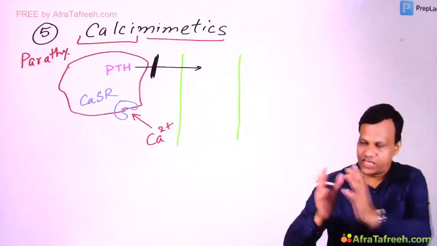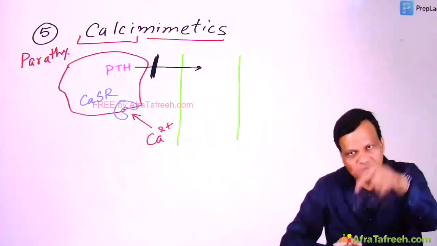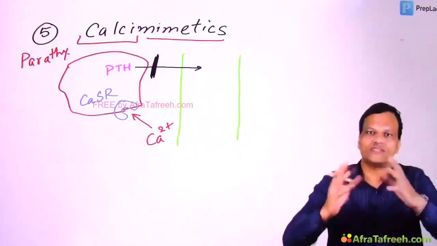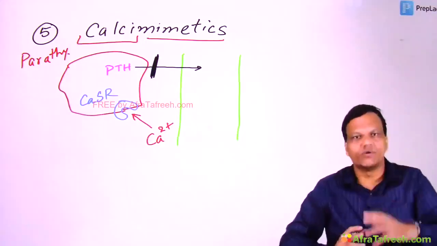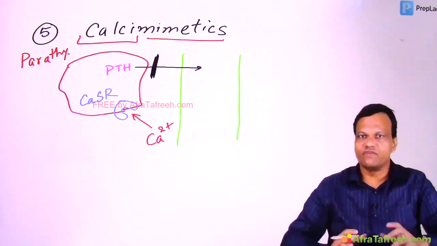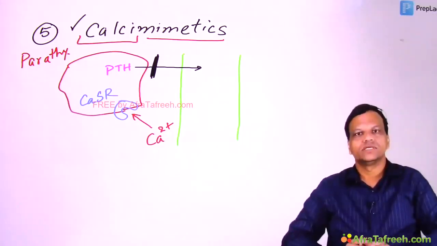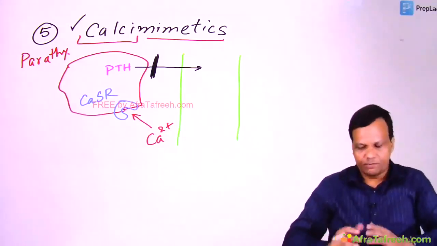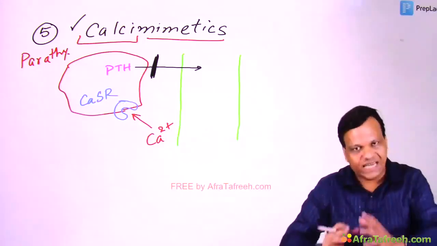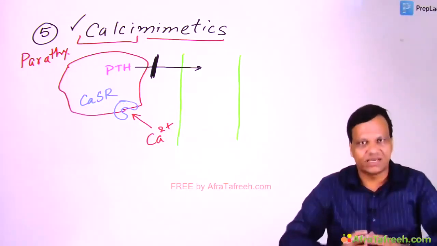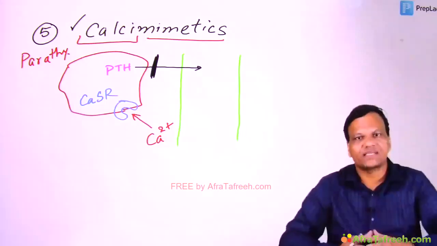The problem is, when calcium increases, it should stimulate the calcium sensing receptor and inhibit the release of PTH, but that is not happening. So when calcium is not able to stimulate the calcium sensing receptor, we give a strong drug which stimulates it. If the calcium sensing receptor is stimulated, PTH will not come, so osteoporosis will not occur. So we can use a calcimimetic drug, a calcium sensing receptor agonist, for the treatment of osteoporosis due to hyperparathyroidism.